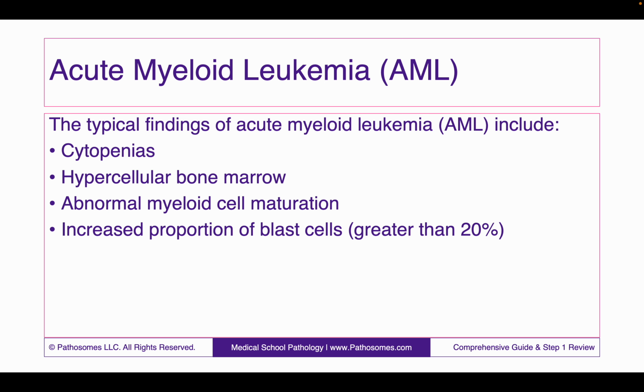But in cases of acute myeloid leukemia, the bone marrow biopsy will show diffuse spread of these blast-like cells in general, hypercellularity. There will also be abnormal myeloid cell maturation and increased proportion of blast cells, again, greater than 20%.